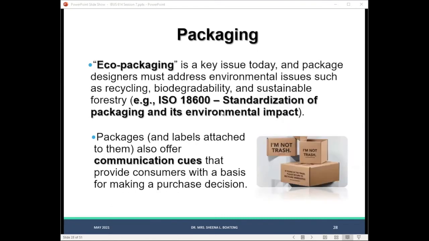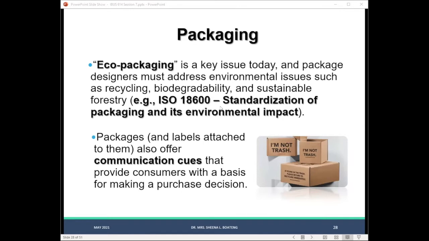Now you realize that globally, packaging is moving towards what we refer to as eco-packaging because of issues of climate change and the global environment. So a lot of organizations and unions have come up with various rules and standards regarding how packaging must be designed.